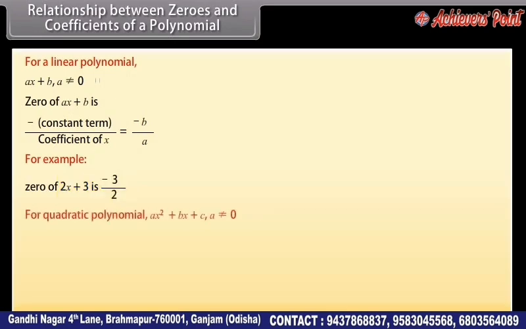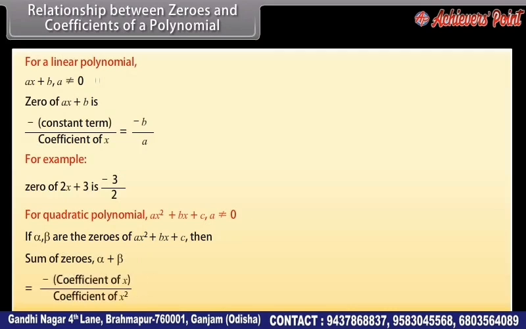For a quadratic polynomial ax² + bx + c, a is not equal to 0, if alpha, beta are the zeros of ax² + bx + c, then sum of zeros, alpha + beta, is equal to minus coefficient of x upon coefficient of x², which equals -b/a.